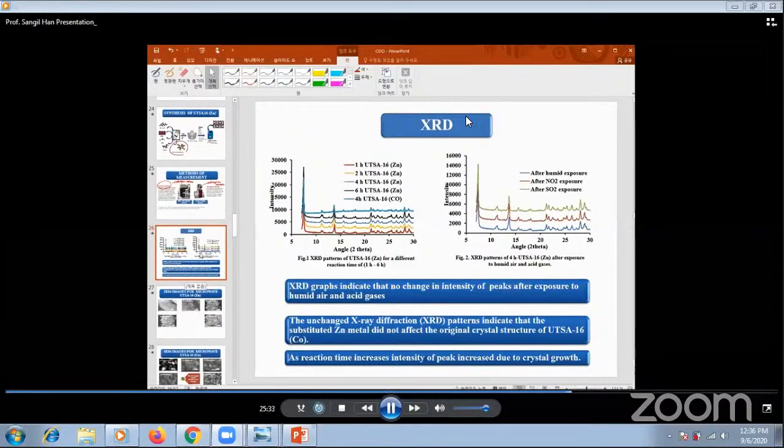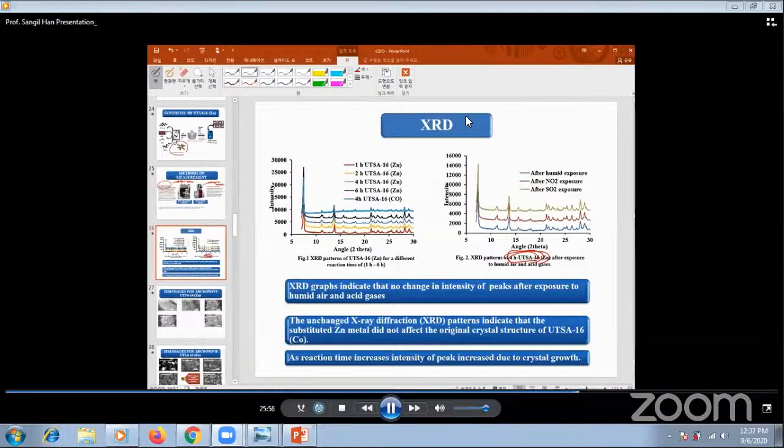But in the next slide, depending on the reaction time, different adsorption capacity and adsorption selectivity were observed. For UTH-16 zinc, we selected the 4-hour material because it showed the best performance.